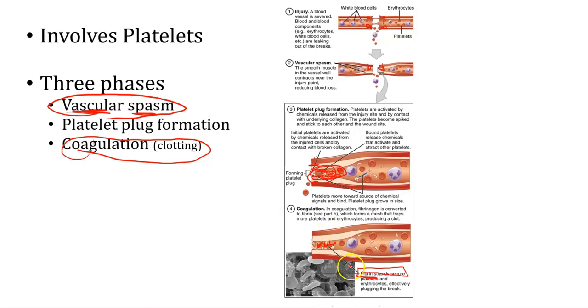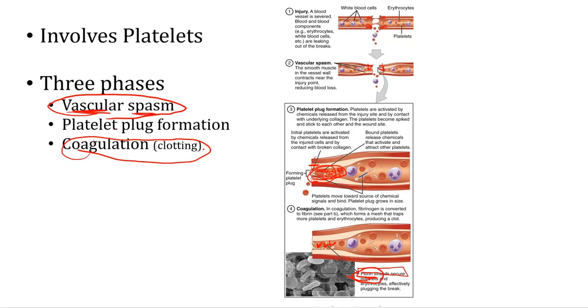Now, what's really cool about fibrin is that there is a compound in your blood called fibrinogen, and that is dissolved. It is soluble, meaning you wouldn't be able to see it in the fluid. It's like dissolving a teaspoon of sugar in water, how it disappears. That's what happens to fibrinogen.